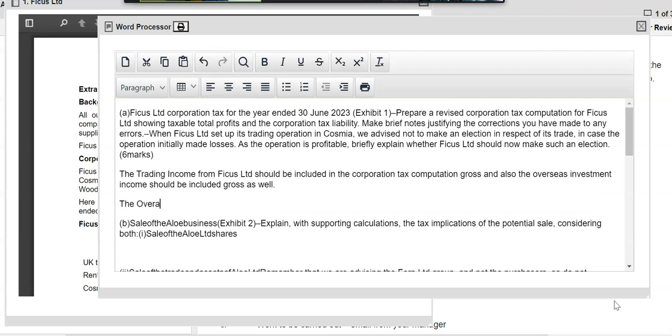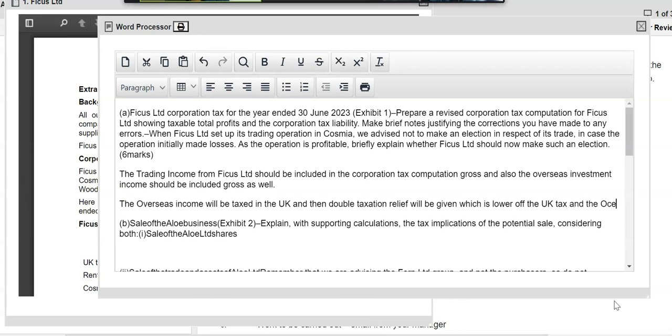The overseas income will be taxed in the UK, and then double taxation relief will be given, which is lower of the UK tax and the overseas tax.